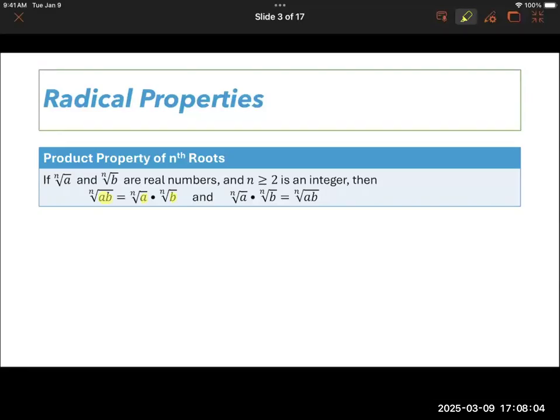And vice versa. If we have the nth root of two numbers being multiplied together, we can combine those two radicands into a single product and take the nth root of the whole thing.